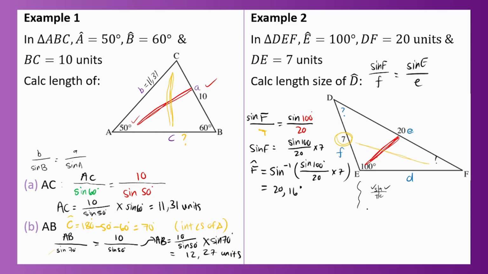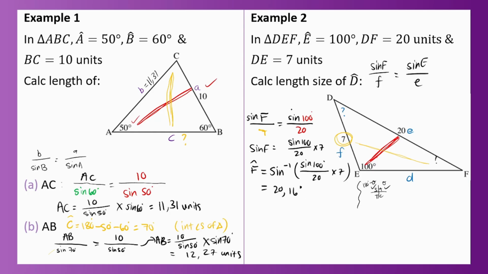So technically, there's another angle, which would be 180 minus that, because this is theta and this is 180 minus theta. But you will only use this portion if they tell you it's an obtuse angle triangle, or if the angle you're looking for is obtuse, which in this case, it can't be because we already have an obtuse angle. We can't have two obtuse angles in a triangle.